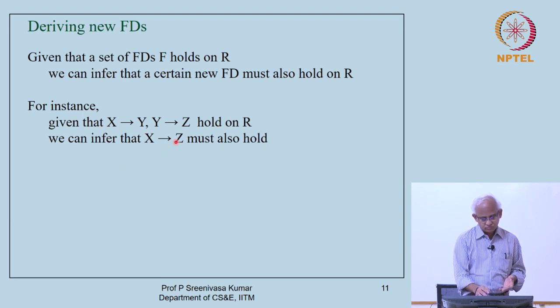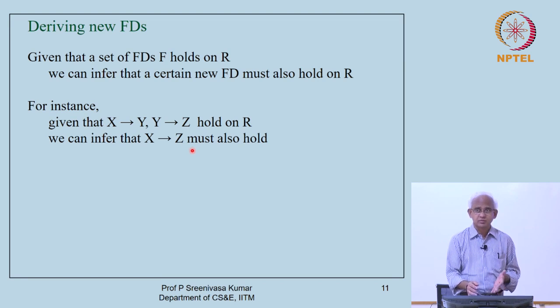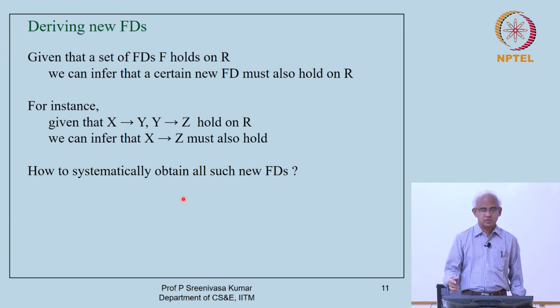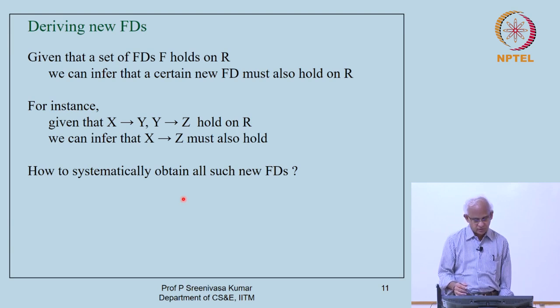Well, then there are going to be a lot more of these functional dependencies which can be figured out mechanically. Given some set of functional dependencies, we can figure out a lot more functional dependencies by this process of deriving them. So the question that comes up is, how do we systematically obtain all such new functional dependencies?